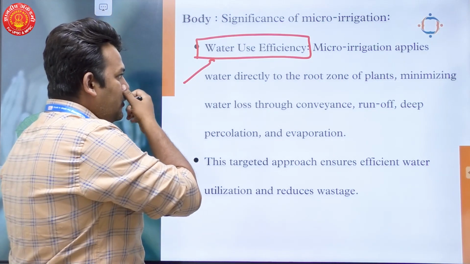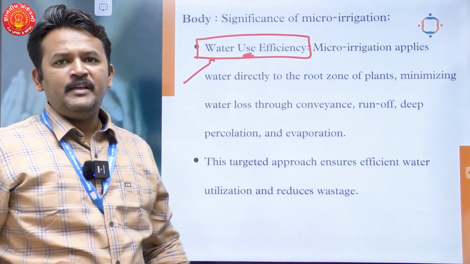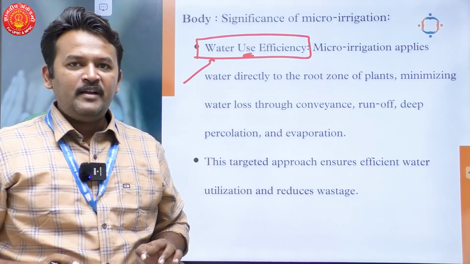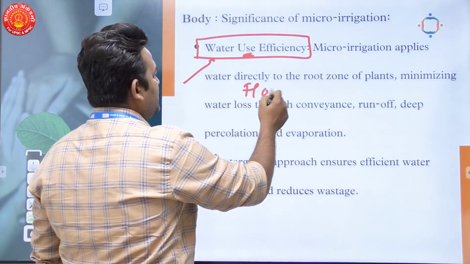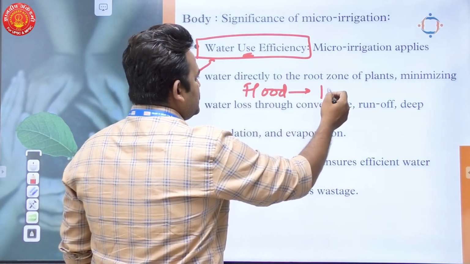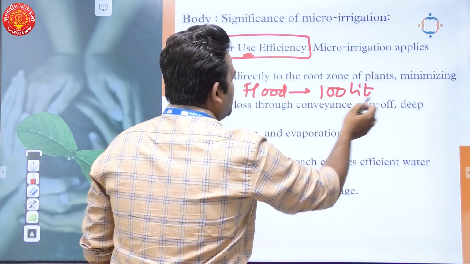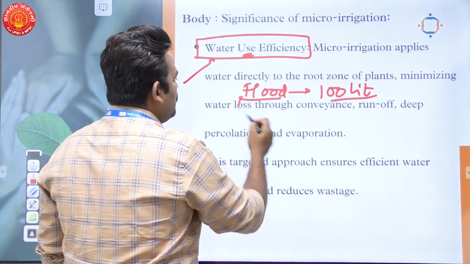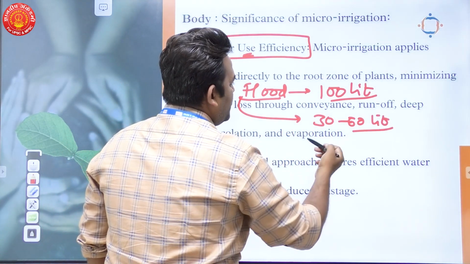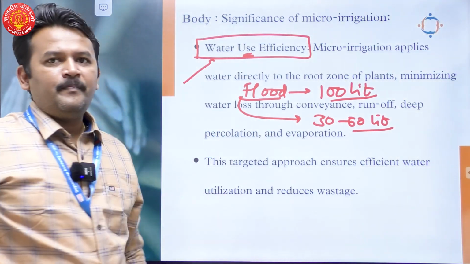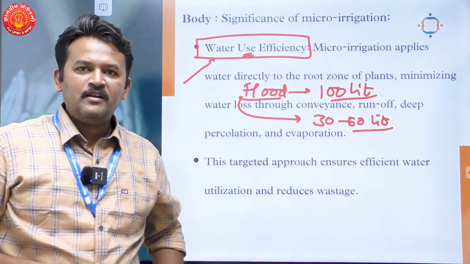Micro irrigation directly affects this water use efficiency in each and every crop. If flood irrigation gives around 100 liters of water to a particular crop, micro irrigation will give only around 30 to 60 liters, depending upon the crop type or the plant we have planted in our agricultural land.